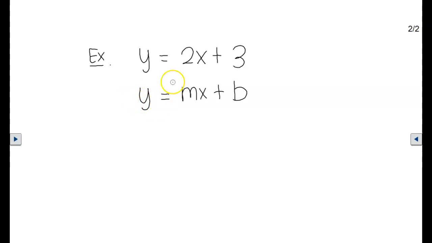I've got my y equals, my 2x is my mx, and my plus 3 is my b. So in this equation, my slope would be 2, which I would think of as 2 over 1, and my y-intercept would be 3. So because this equation is a slope-intercept equation, I can easily identify my slope and y-intercept.